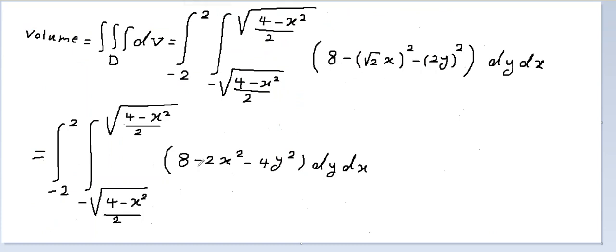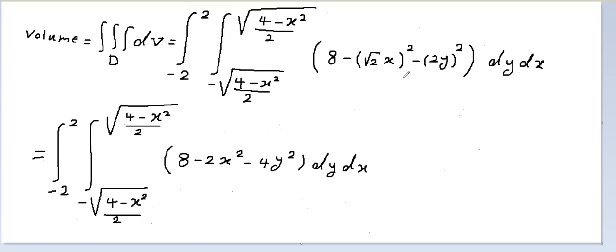First let me move this one up here. You can see I move this integral up here, but I write 8 minus this 2x squared, I can write it as the root of 2x squared, minus this 4y squared can be written as 2y squared. The reason is to solve this integral, we have to use substitution. Actually, we can use one substitution to calculate it, but it will be difficult for you.